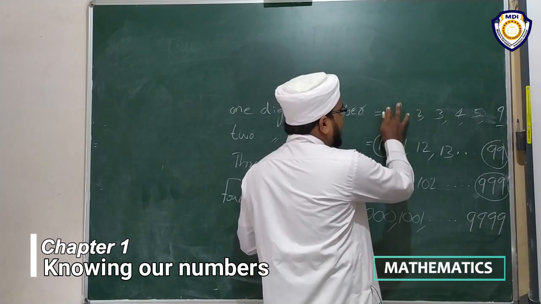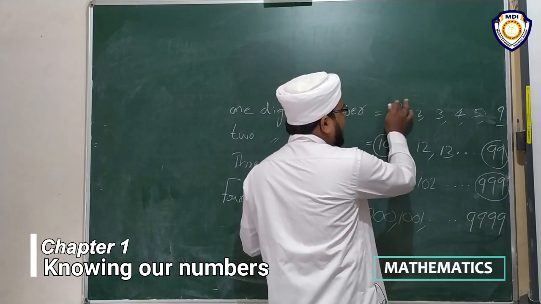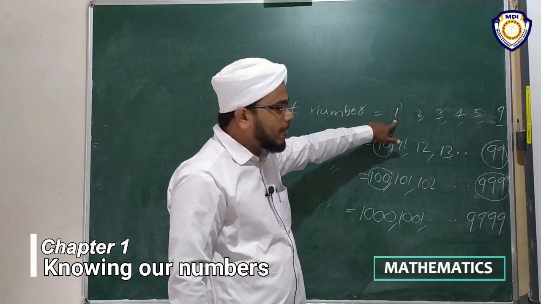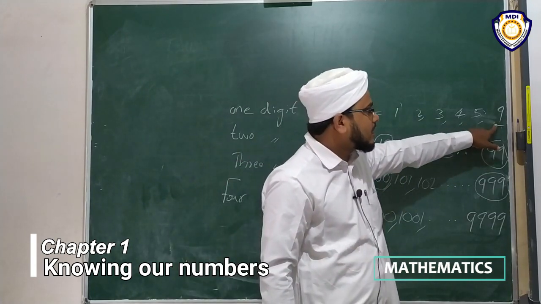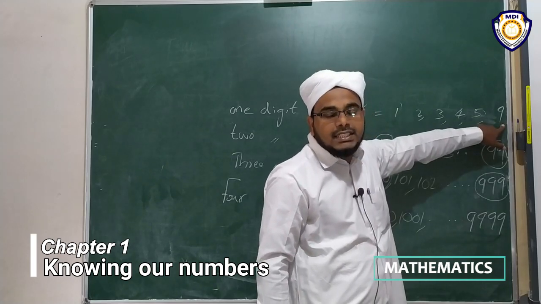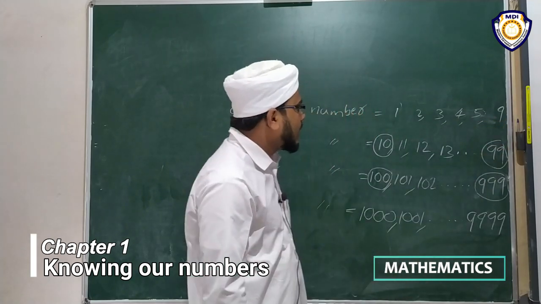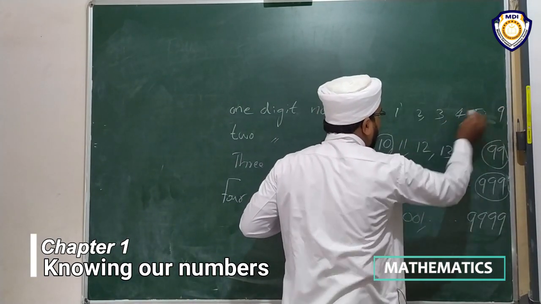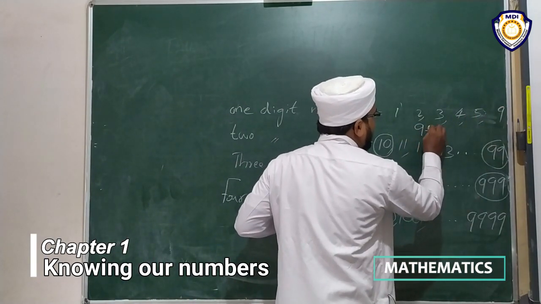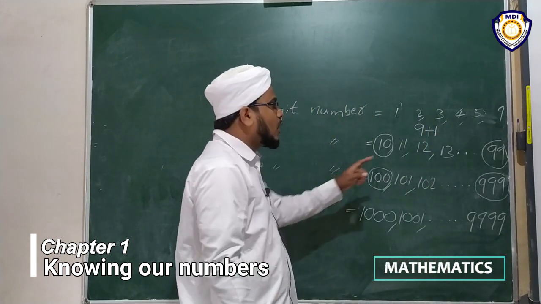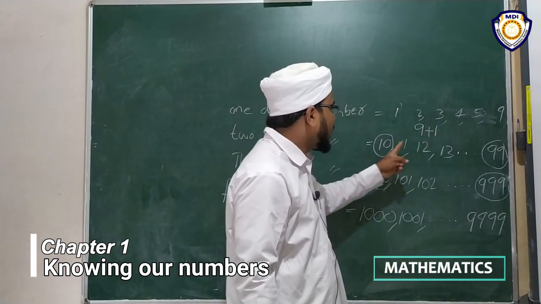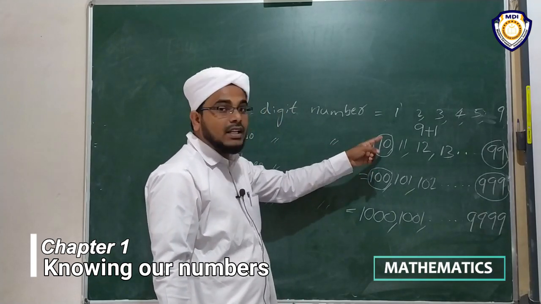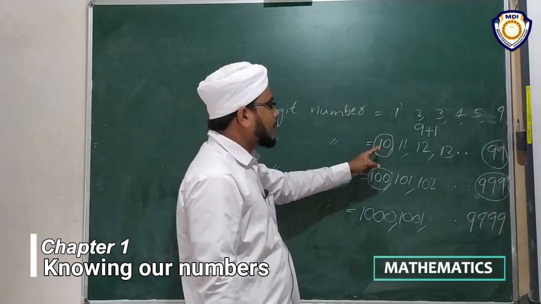The smallest number using 1 digit is 1. Then the largest number using 1 digit is 9. When we add 1 to the 9, we get the smallest 2-digit number.